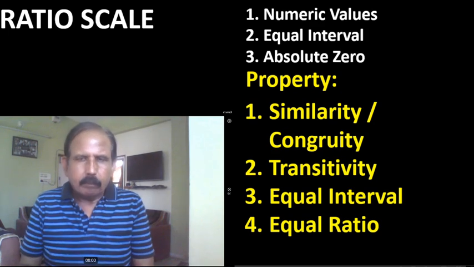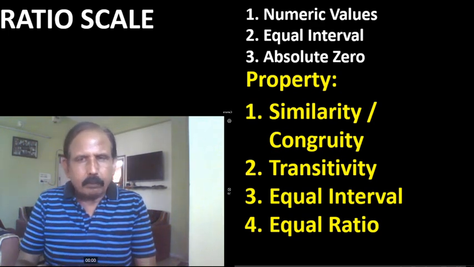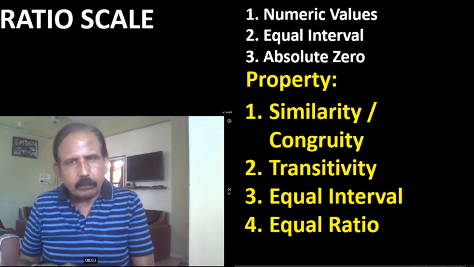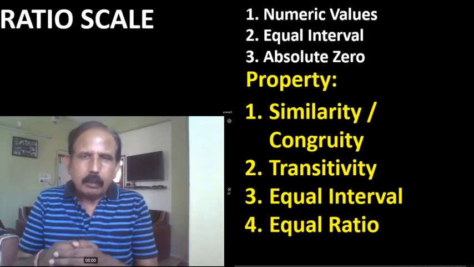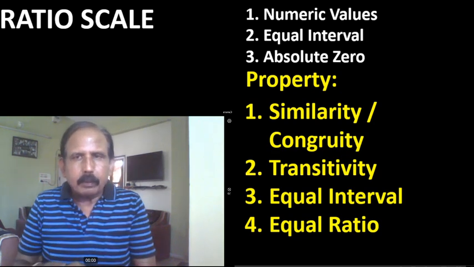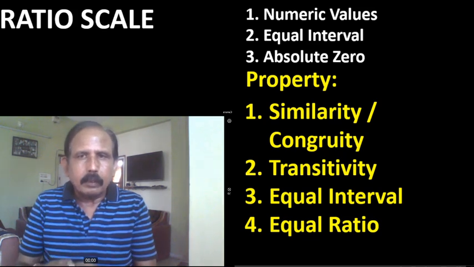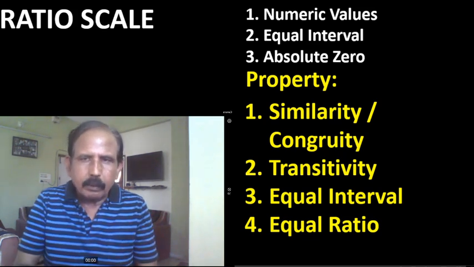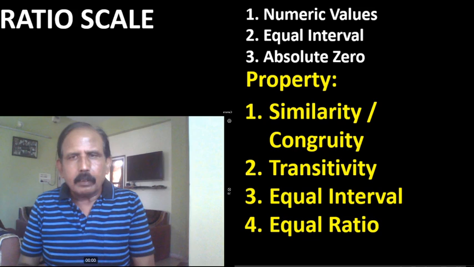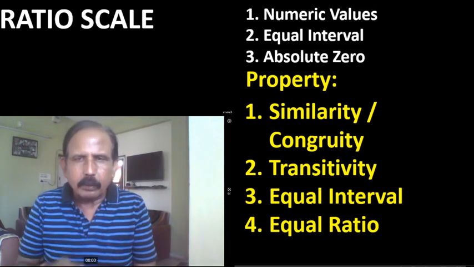Still, if data is obtained in interval or ratio scale, but the conditions of parametric test are not satisfied, then we have to convert this data either into ordinal or nominal scale, and then we have to apply those tests which are used in nominal or ordinal scale.